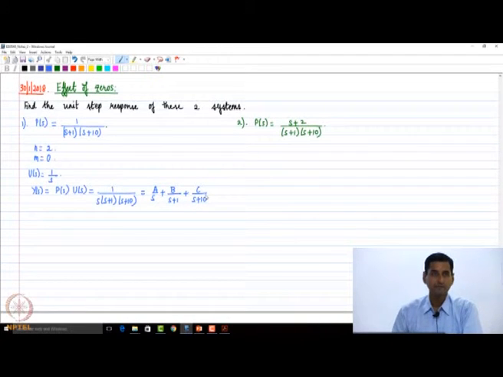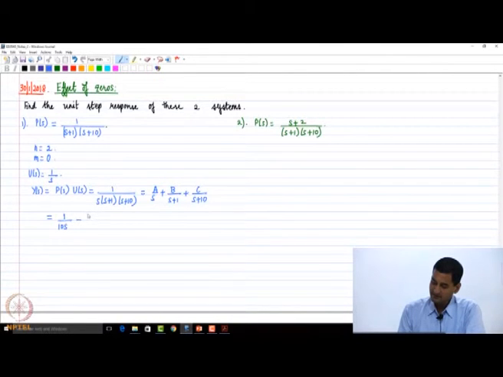Now how do we find A, B and C? We have already discussed this. For A, you multiply both sides by s and substitute s equals 0. You will immediately see that A is going to be 1 by 10. What about B?